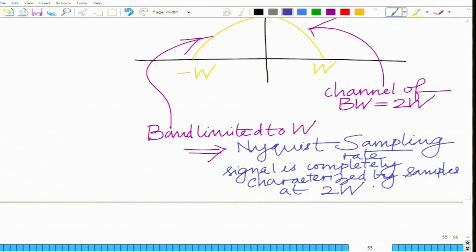That is the sampling rate. If we have 2W samples per second, that is the maximum number of distinct samples of a signal.